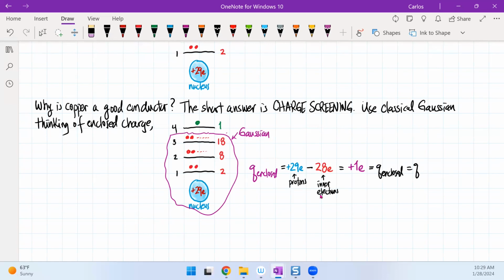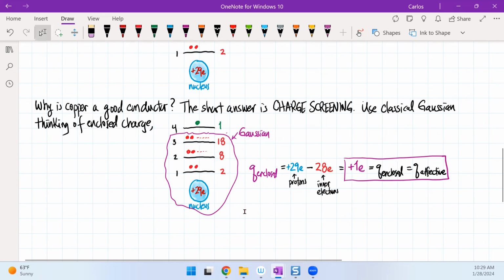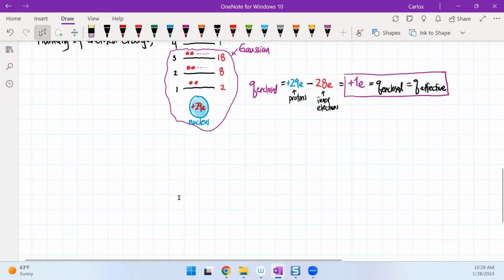That shows that the 4th electron shell only sees 1 nuclear charge. Let's say that in writing.